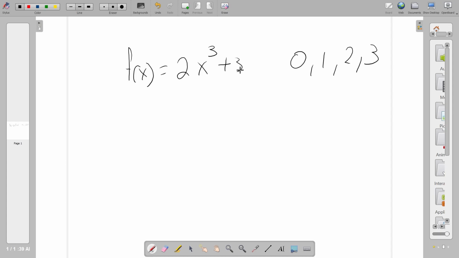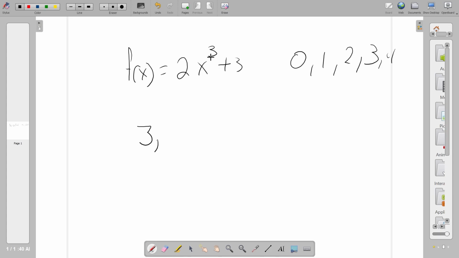So this is going to be 2x cubed plus 3. All right, so we have 0 cubed. It doesn't matter how many times you multiply 0, it's going to be 0. So 2 times 0 is 0 plus 3. We're starting at the same place we did last time. Our y-intercept is still 3.